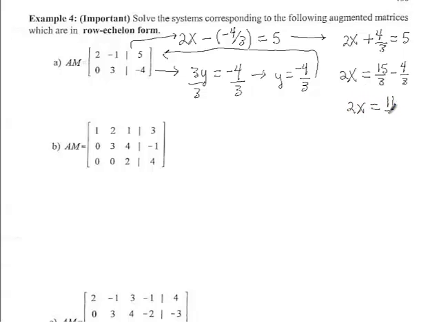That would give us 11 over 3. So not very nice numbers to play with. But now all we have to do is divide by 2, or multiply by half, same thing. And we get x is equal to 11 over 6.